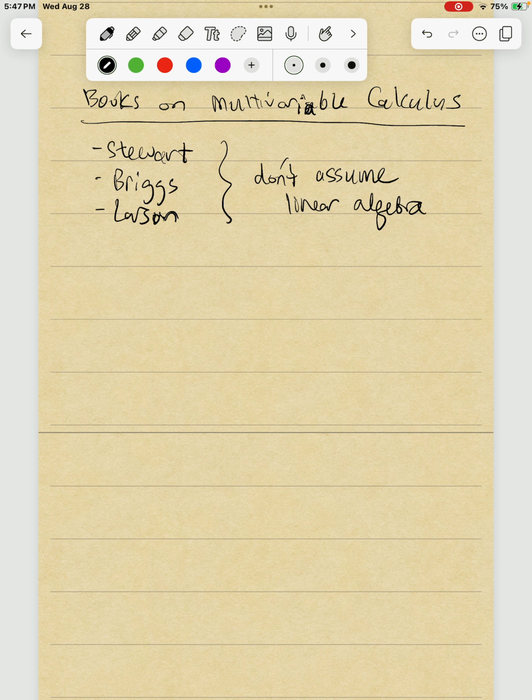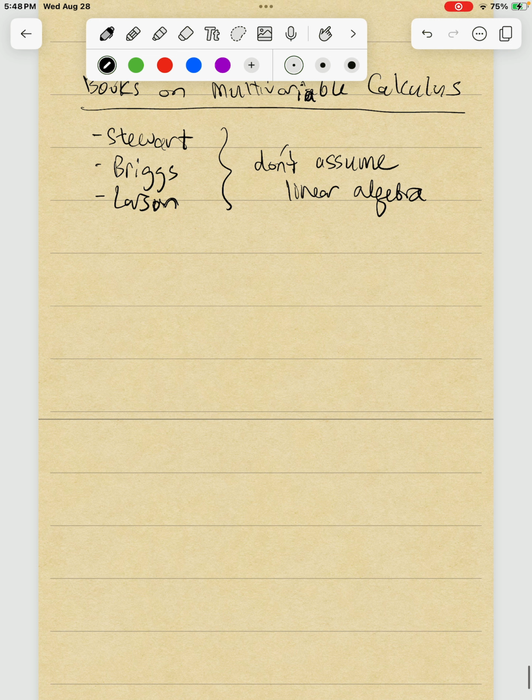And so those books are written mainly for those students, and they're not bad books to get an overview of the topics.